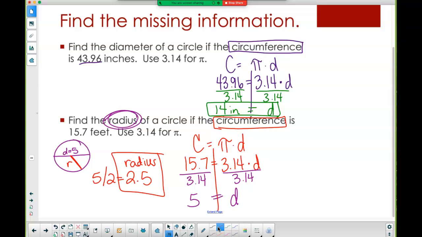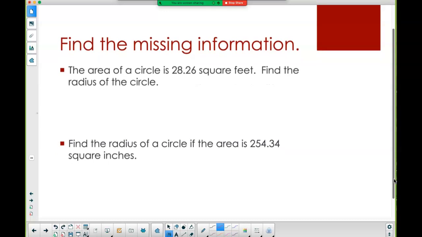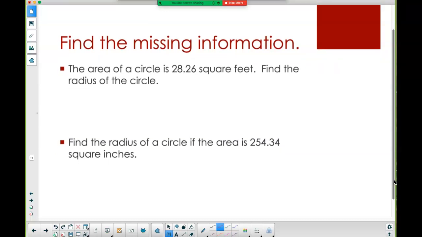Okay? All right, last set of problems. This one says, find the missing information. The area of a circle is 28.26 square feet. Find the radius of the circle. Okay, what formula am I using this time? Caleb. Area equals pi times radius squared.